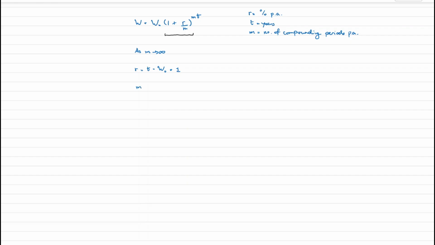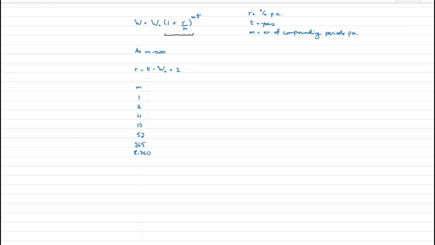So let's just say that m, being the number of compounding periods per year, is once a year, twice a year, 4 times a year, 12 times, 52, 365 days a year, or 8,760 hours per year.